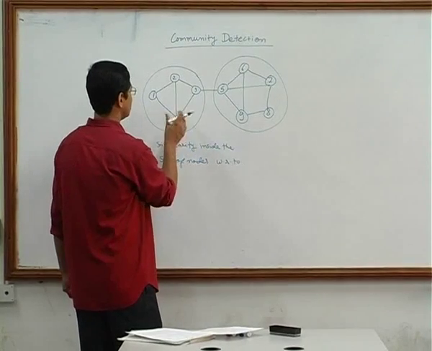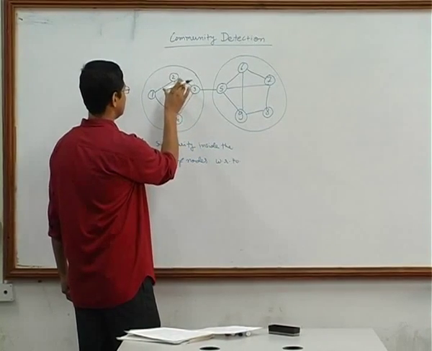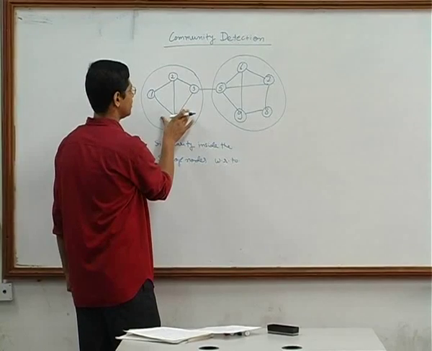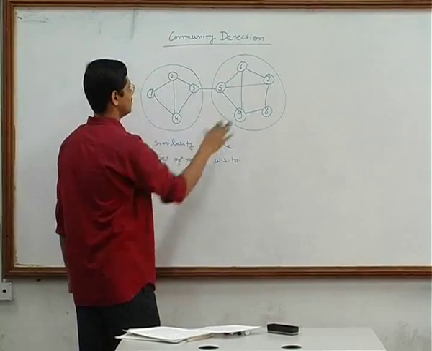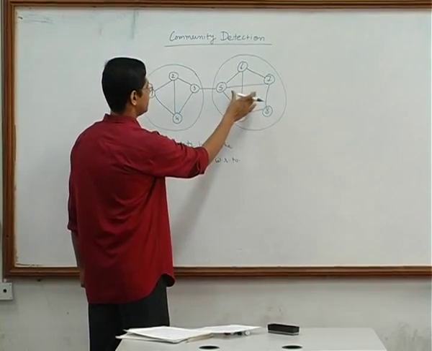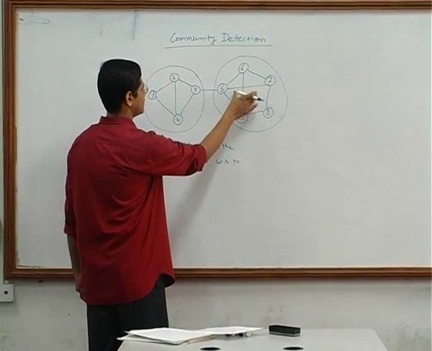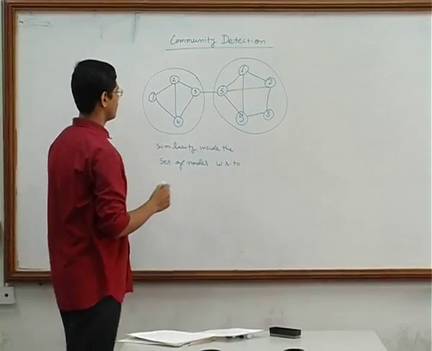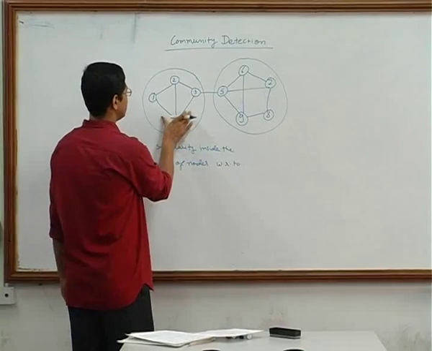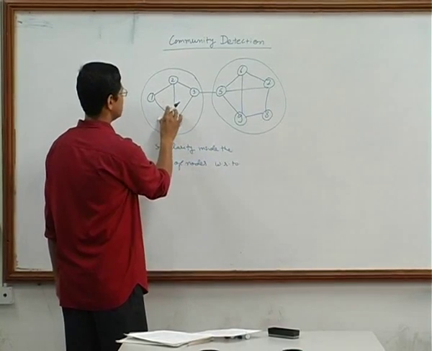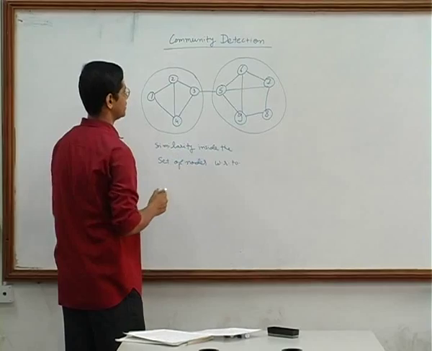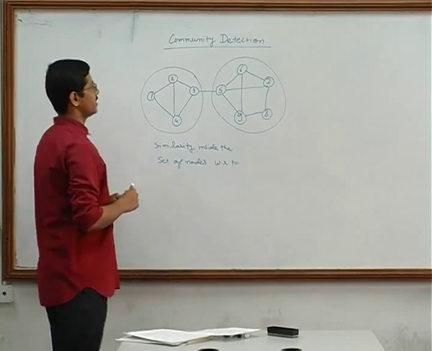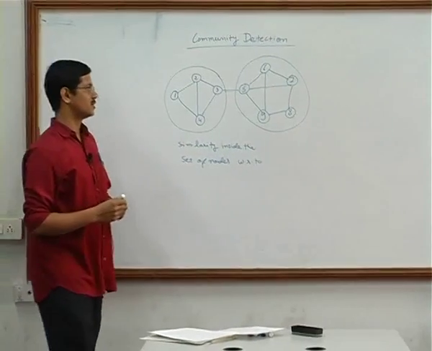This means the nodes in this set are more similar with respect to the entire network, and similarly nodes in this collection or set are more similar. This similarity can be measured by using the distance or density of packings. Community detection is very important in social networking.